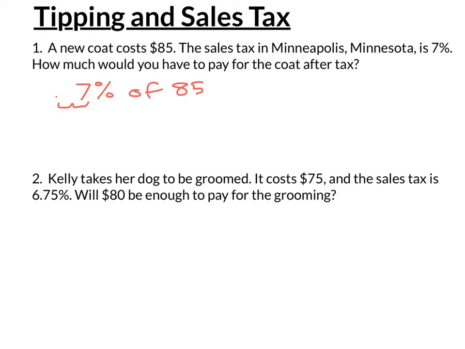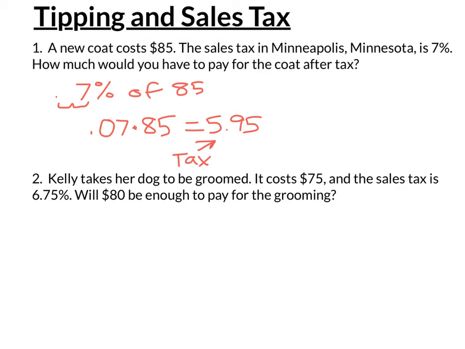So it becomes 0.07 times 85, and that gives us 5.95. So this right here, 7% of 85, is the tax that we have to pay on the item.